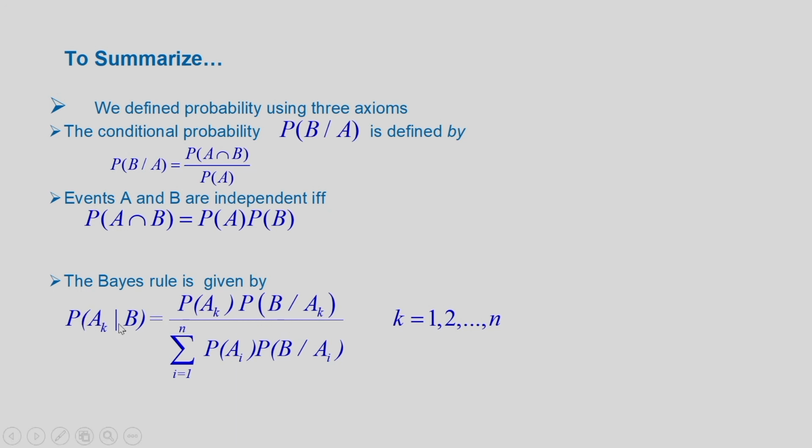This is the posterior probability, and it can be found in terms of the prior probabilities, probability of A_k into probability of B given A_k divided by the sum of i going from 1 to n of P(A_i) into probability of B given A_i. This is the expression we obtained through the total probability theorem.